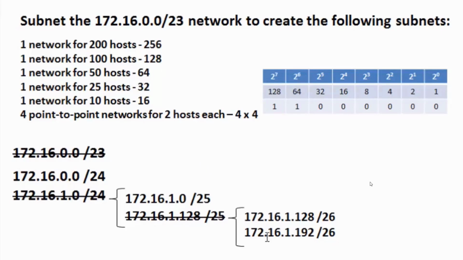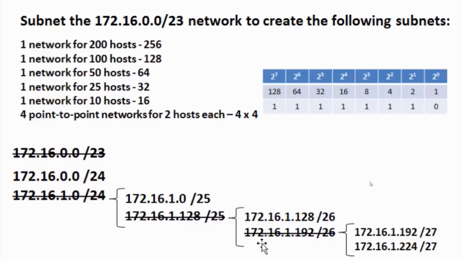I can subdivide the second of these two subnets into two smaller subnets of 32 hosts each. To do this, I take the 192 subnet and subdivide it by changing the subnet mask from /26 to /27, creating two subnets of 32 hosts each.